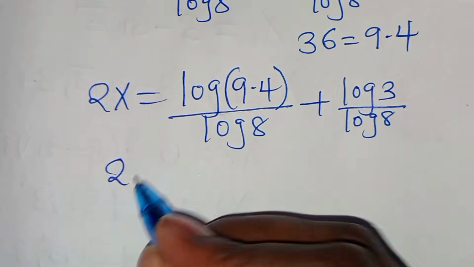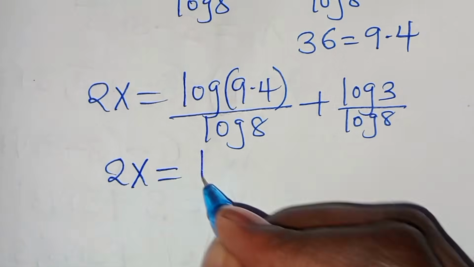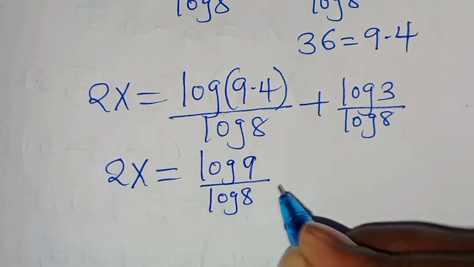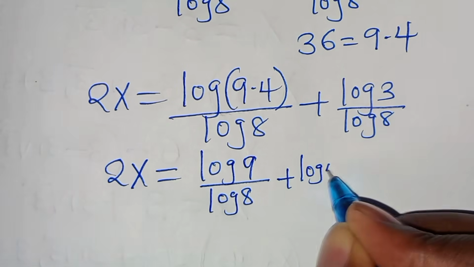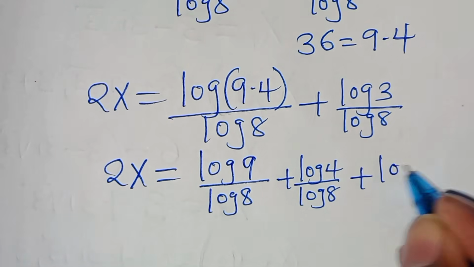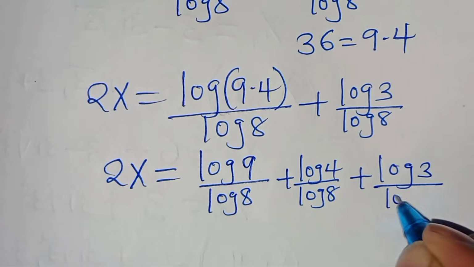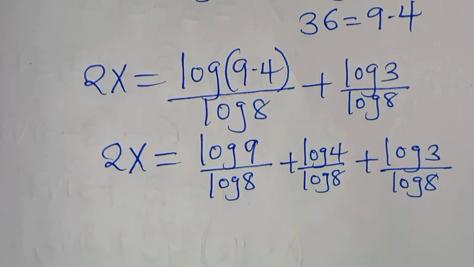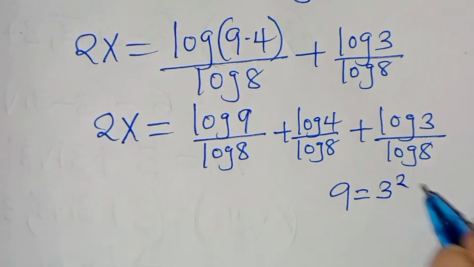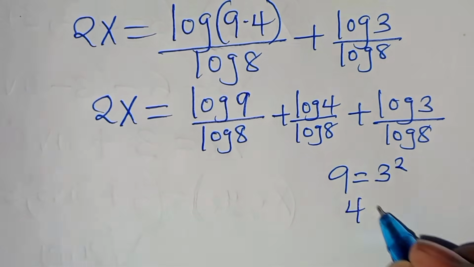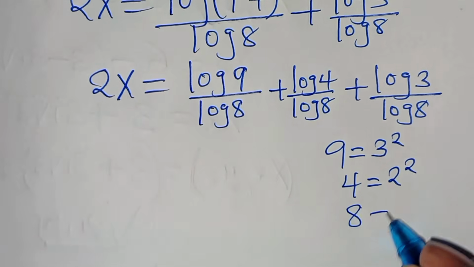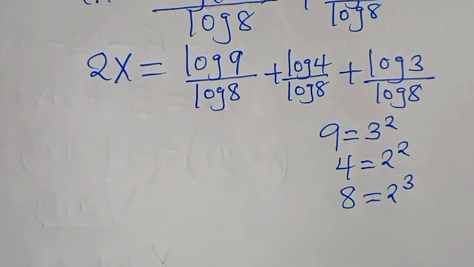So this is 2x equal to log 9 divided by log 8, then plus log 4 divided by log 8, then plus log 3 divided by log 8. We can express 9 as 3 to the power of 2, and we can express 4 as 2 to the power of 2, and we can express 8 as 2 to the power of 3.